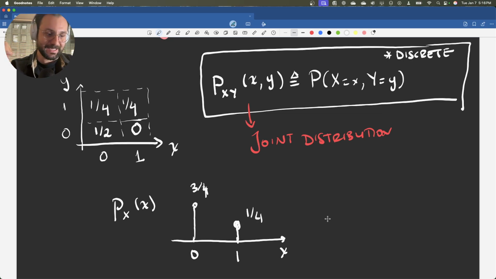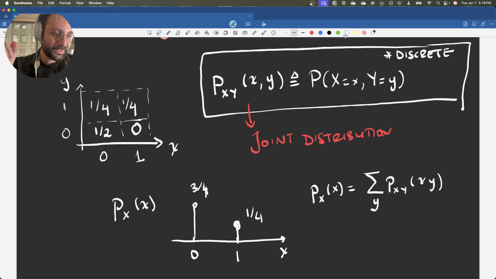So what I did here is that probability of x can be obtained from the joint distribution by summing over all possible values of y, using the joint distribution p of xy. Similarly, let me type the same thing for y as well.